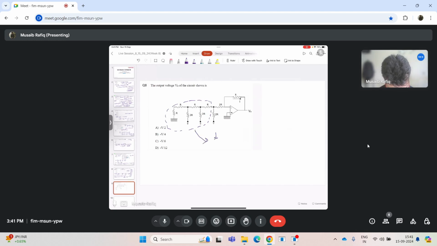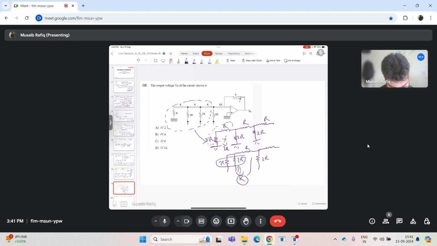So this will be R, 2R, R, 2R, and R. This R and this R are in series, so it will give us 2R. Then we have 2R, 2R, R, 2R, R. Now this is in parallel, it will give us R.